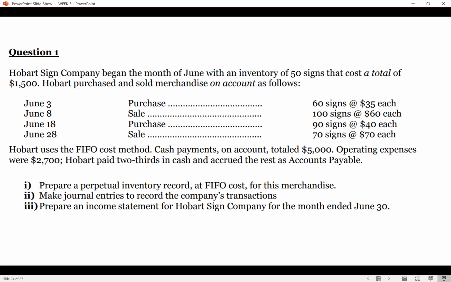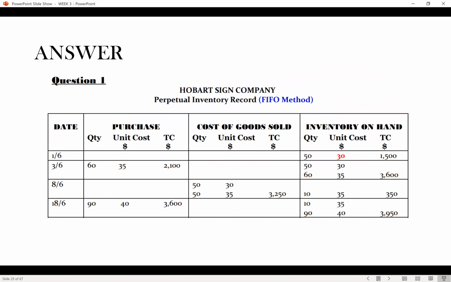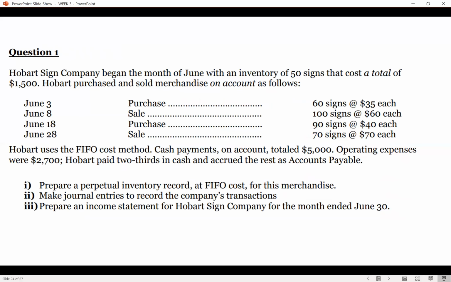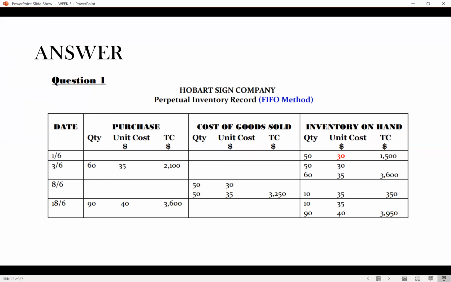This goes in our income statement, right? So we know a sale. In our perpetual inventory record system, it will be going on the cost of goods sold, the cost to sell the goods, not our selling price. So let's look at how we'll be doing that.